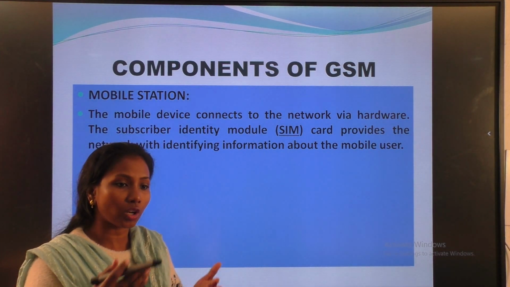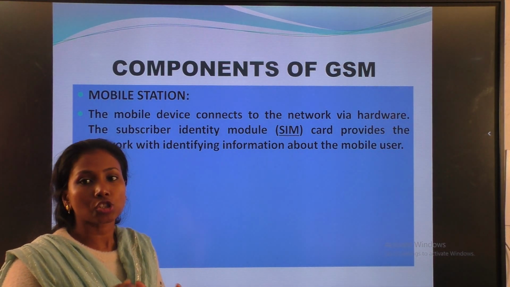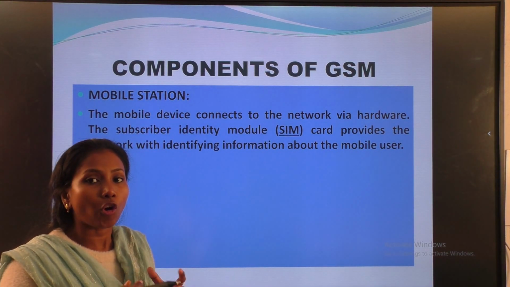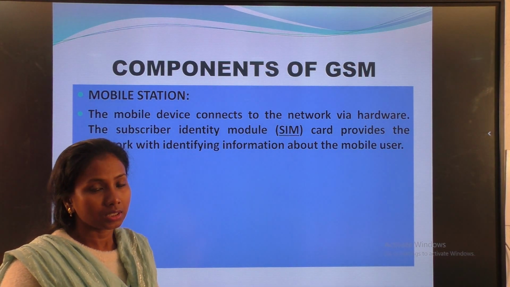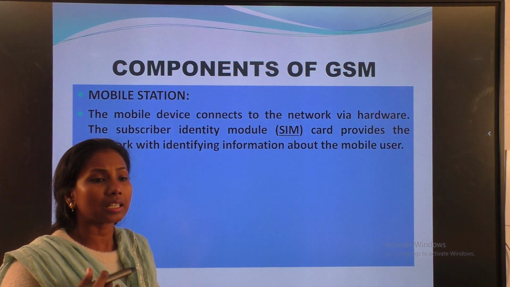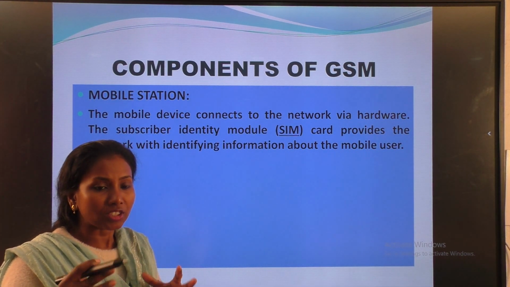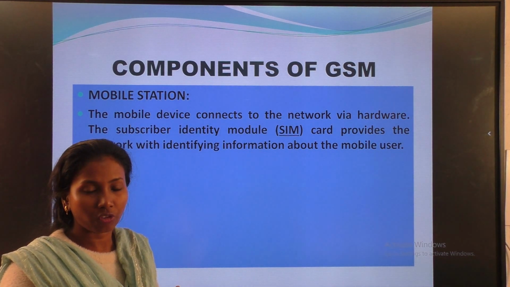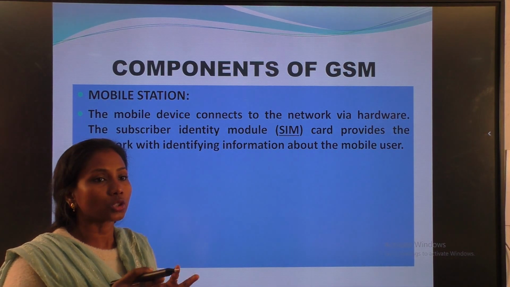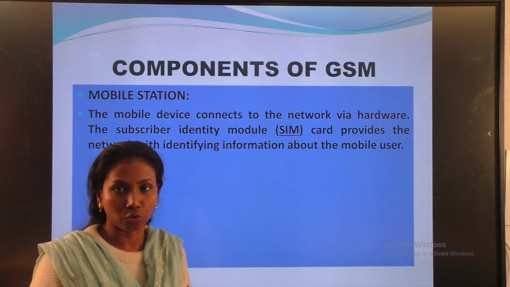So, whenever you are inserting the SIM into your mobile device, it gives the information about the user in the network, and that user's details are maintained in the register, whether the user is from the same network or from a different network.